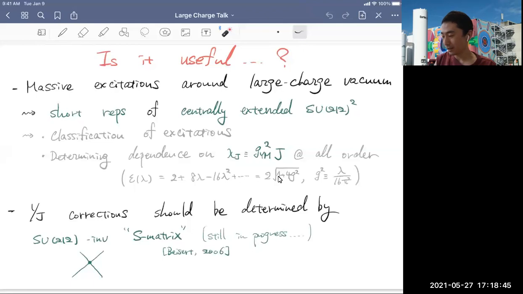Right, because I'm talking about massive excitations, and in general you can combine those massive excitations and create a non-BPS state. Furthermore, the 1/J correction, which is given by the interaction of those massive modes, is expected to be described by an SU(2|2)-invariant S-matrix, but this part is still in progress.